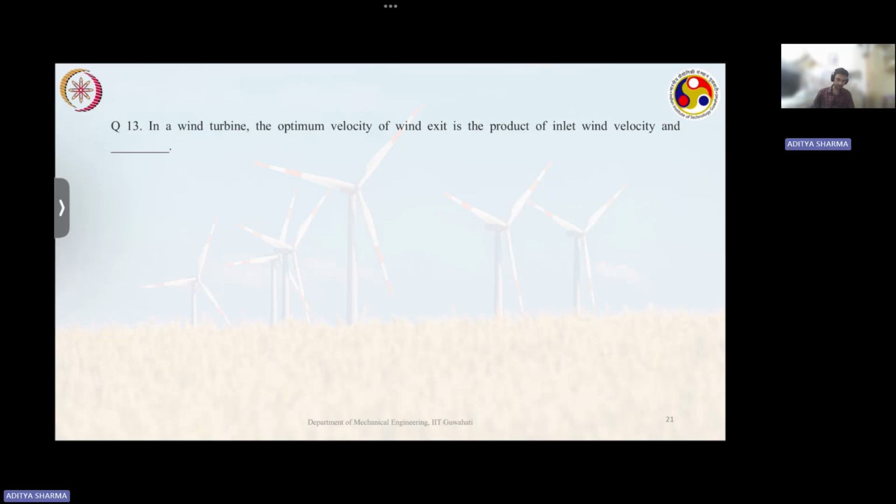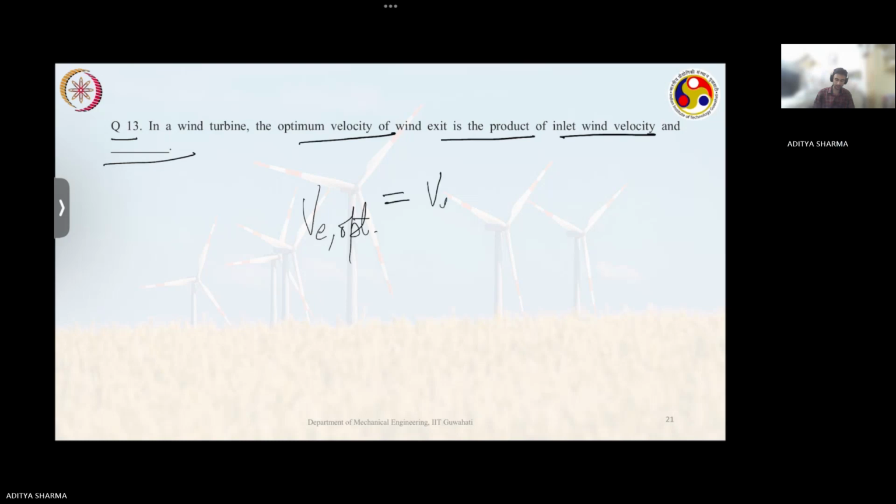Question number 13. It says that in a wind turbine, the optimum velocity of wind exit is the product of inlet velocity and dash. Exit optimum, I've just told you, is Vi by 3, that is Vi into 1 by 3.